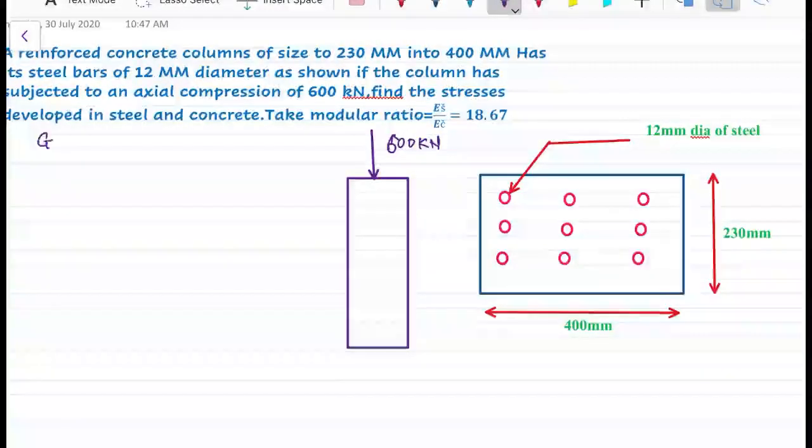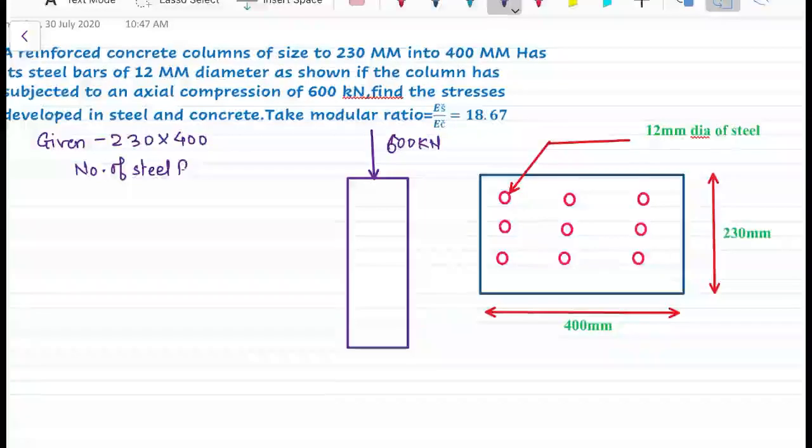The given data is the cross section area, that is 230 by 400 mm, and from the figure we can say the number of steel bars is 9.